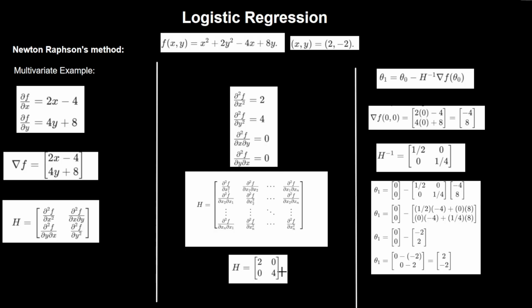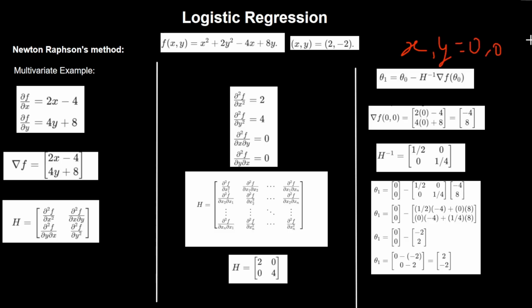Now that we have the Hessian matrix, and we also have the gradient, let's go to the update rule. We need to update these values, so first let's assume that we start at 0, so x and y is 0. This is the initial point.